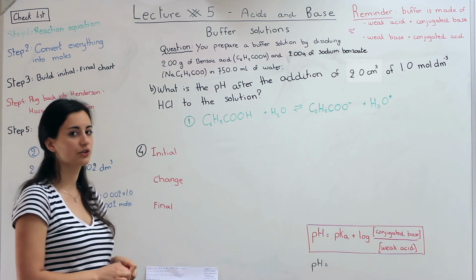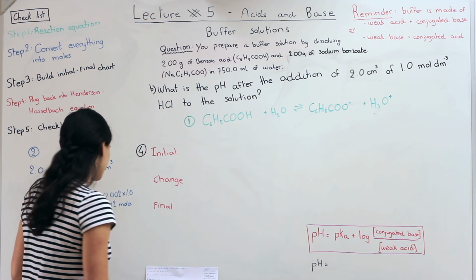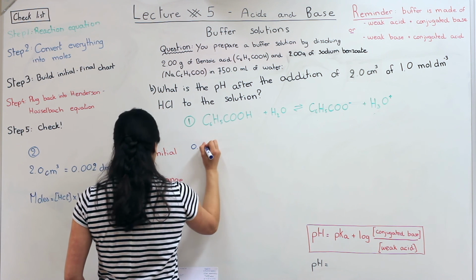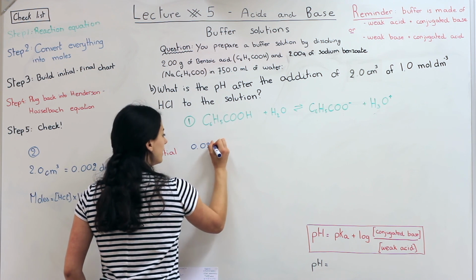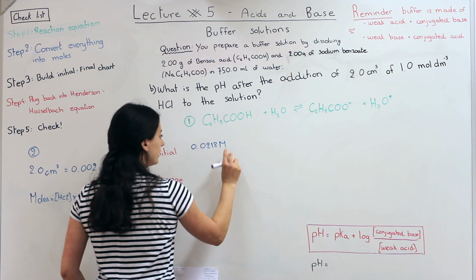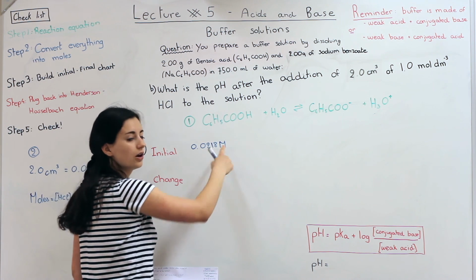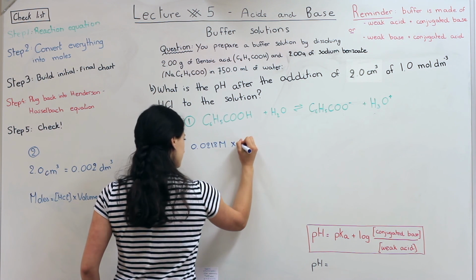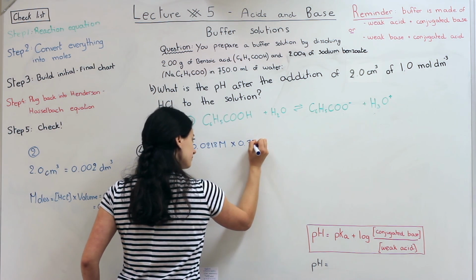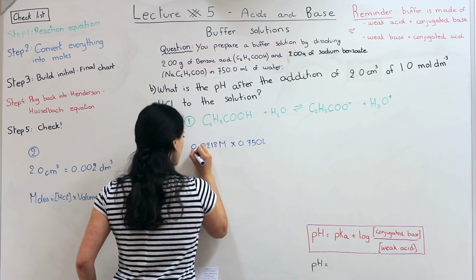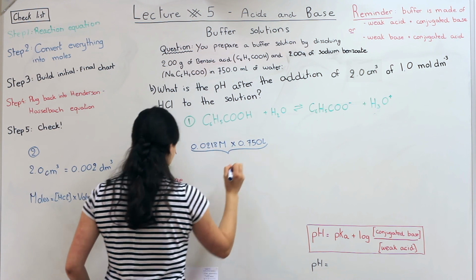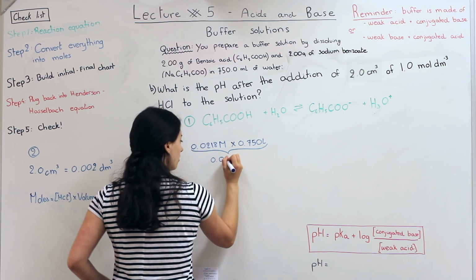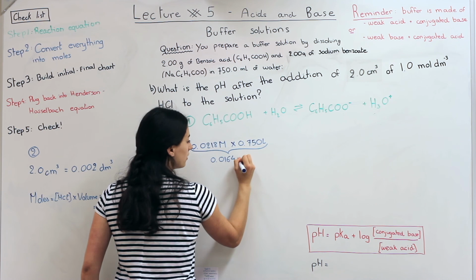So we need to make sure everything is converted back into moles. So we had 0.0218 molarity, so that's concentration. But to find the number of moles, we just multiply by the volume. And we find that it's 0.0164 moles.